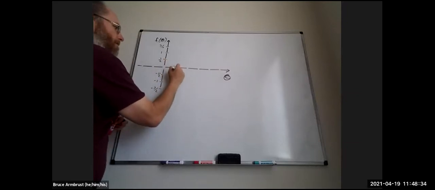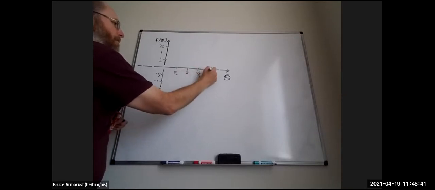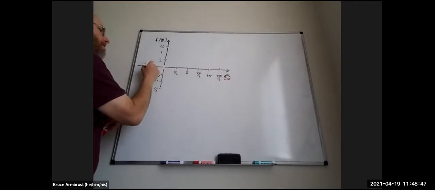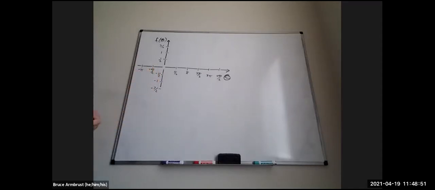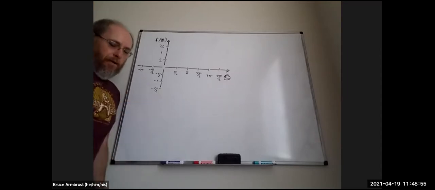So this one is pi over 2, pi, 3 pi over 2, 2 pi, 5 pi over 2, and so on. And then in the other direction, of course, this is minus pi over 2, minus pi. All right, so that's my scale for my graph.